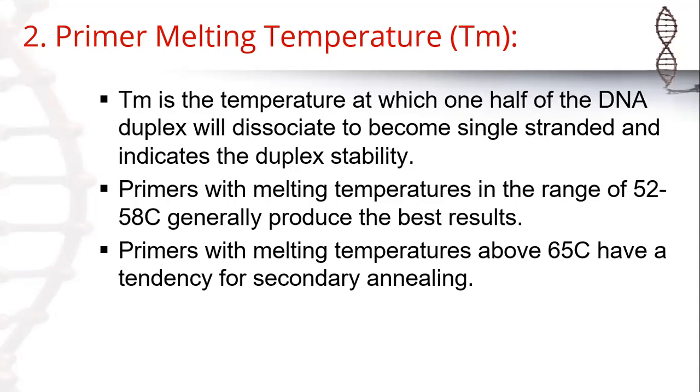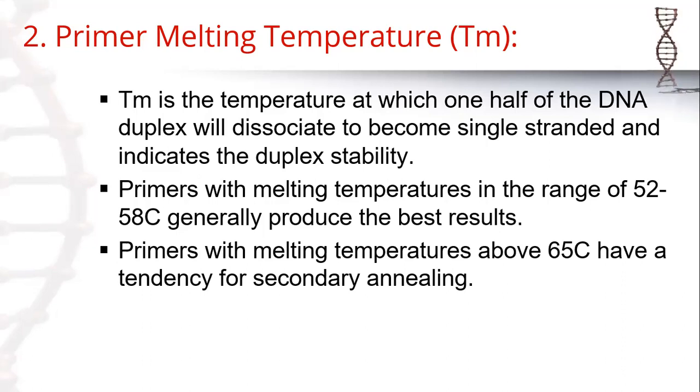Primers with a melting temperature in the range of around 52 to 58 centigrade, or sometimes 50 to 60 centigrade, generally produce the best results. We can also use more than 60 or less than 50, but we cannot get the best results for those primers.